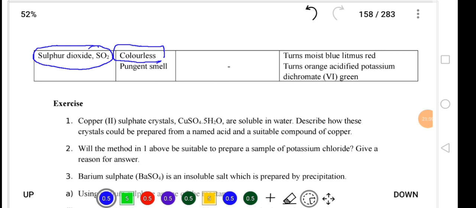And it has that pungent smell just like ammonia. So meaning the gas being colorless or having an odor doesn't give us information that this gas is ammonia or this gas is sulfur dioxide. That information is not enough.